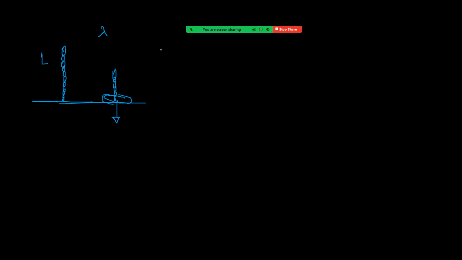In that case, thrust force will be equal to, as we have just discussed, V relative into dm by dt. In place of that, lambda into V relative, that is lambda V square. So apart from the weight of the chain, we have this thrust force also.